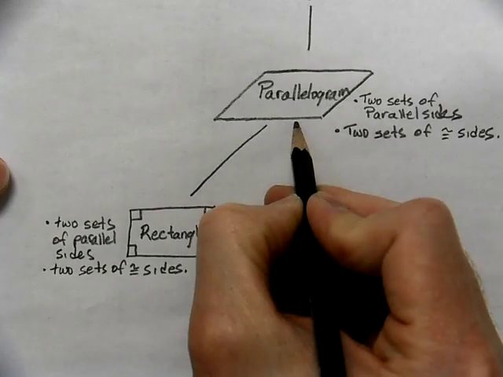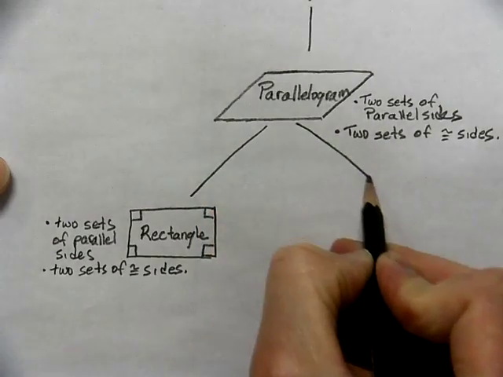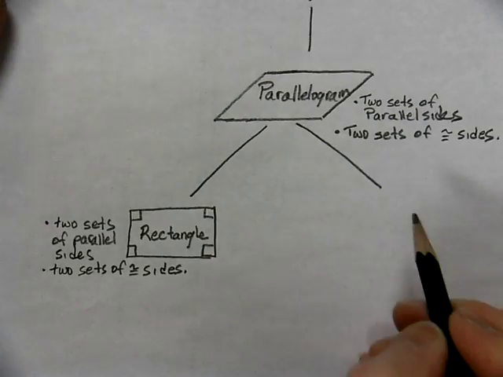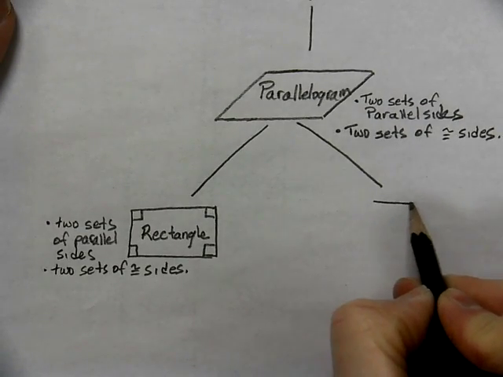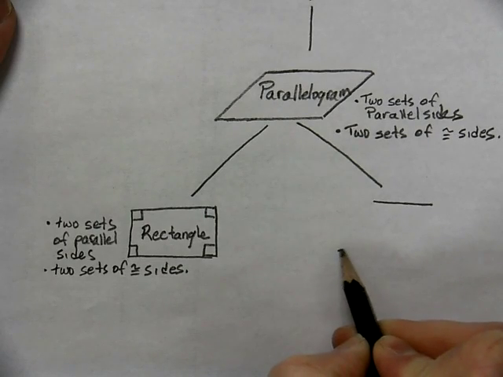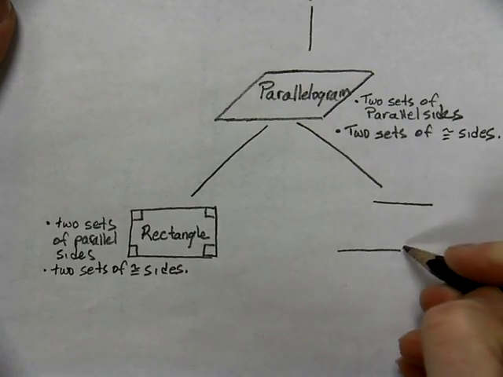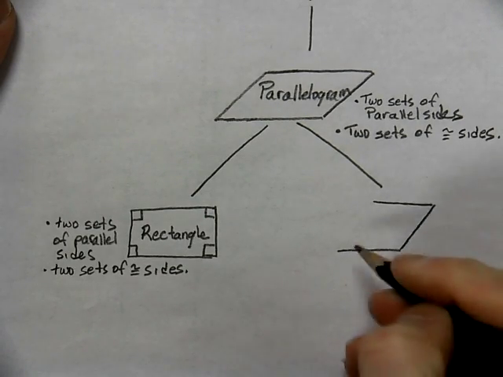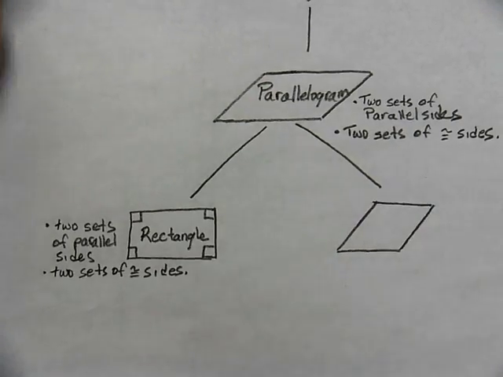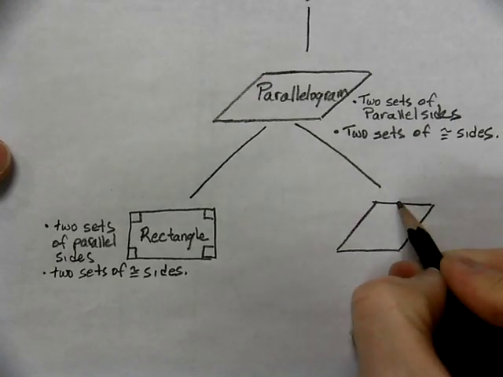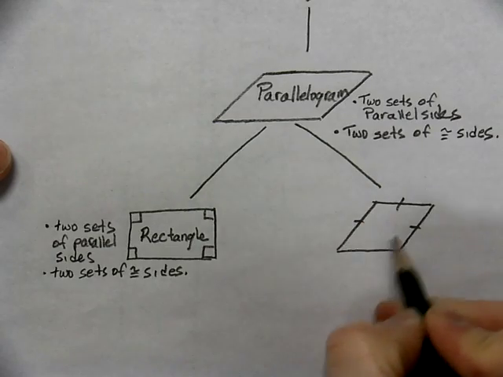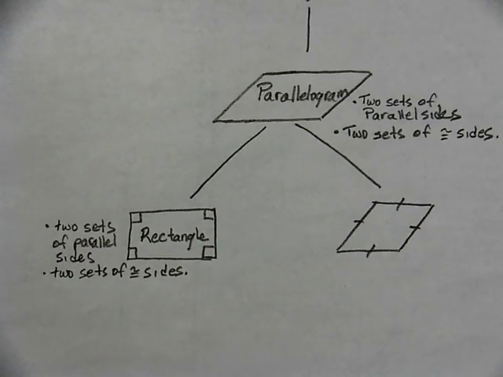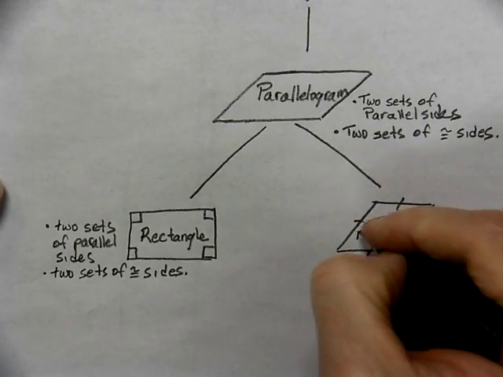Okay, or a parallelogram could come this way and be called a rhombus. So this time when we make our parallelogram, we're going to try to make the sides the same length. That would make them all the same. So what do we know about the sides of a rhombus?